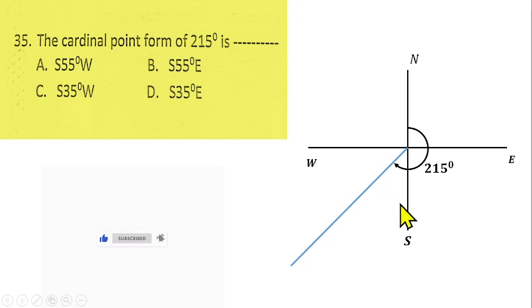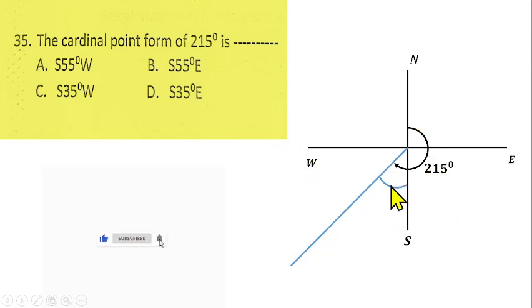That means you are looking for the angle from the south to the line, because in 3-digit bearing there are two origins: from the north to the east or west, and from the south to the east or west. This angle is already falling in the southwest. So I'm looking for the leftover angle from the south to the west, from here to here.